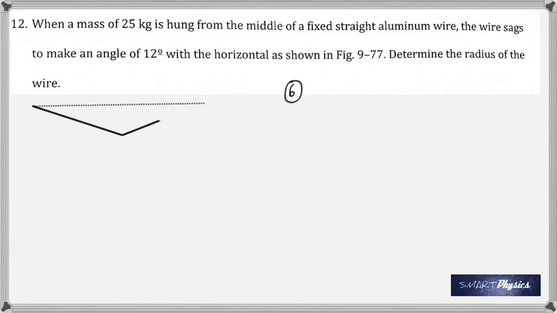Let me make that diagram. So that is how it looks. Of course, highly exaggerated. And there are tensions there. And this angle is 12 degrees, as you can see. Force is 25 times 9.8.